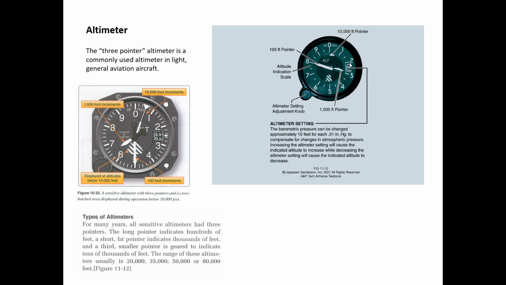Pilots will adjust their altimeter, because altimeters will sense the atmosphere. And if you're normally at 29.92 inches of mercury on a normal day at a normal temperature, that's the reading. So you wouldn't even really have to set the altimeter. Normally it's already set for that.